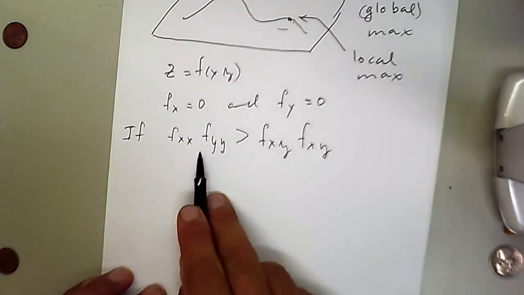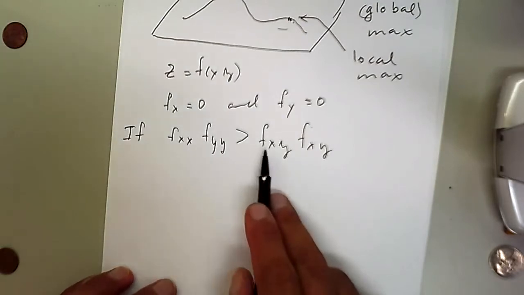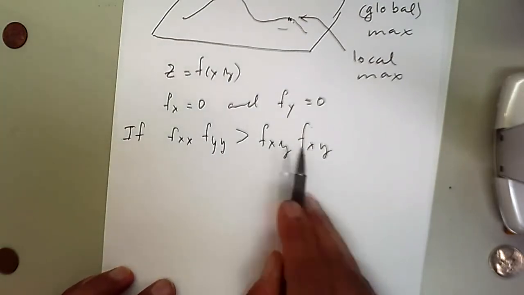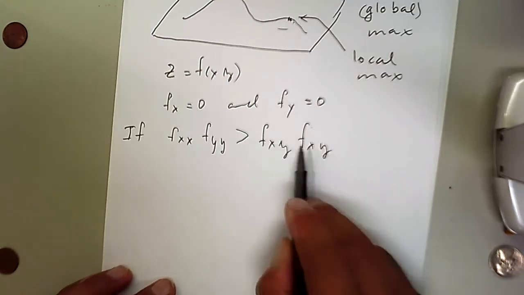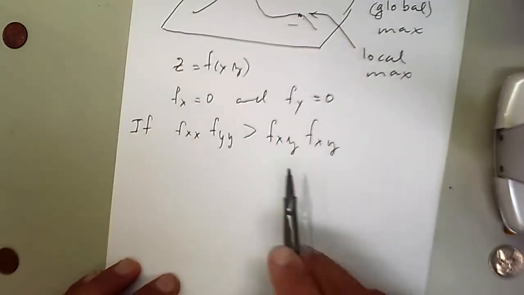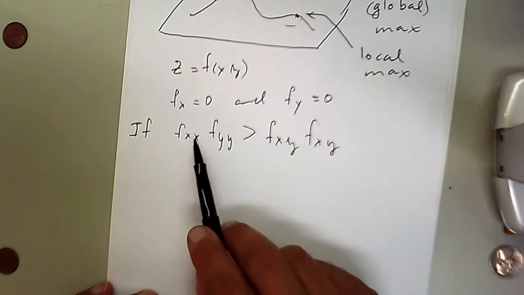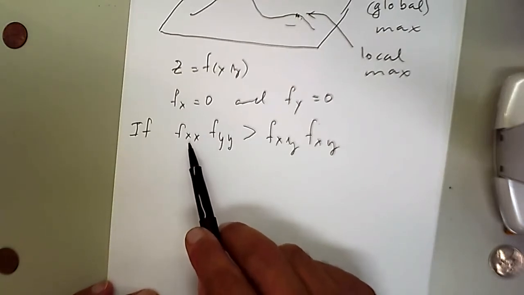If those two multiplied together are bigger than this one, which is going to be the same, this would have come from xy and then yx, but most of the time those are going to be the same when we have continuity of the second derivatives.